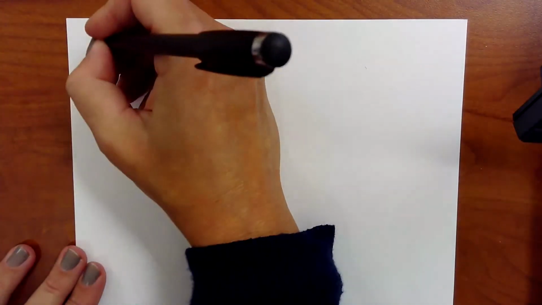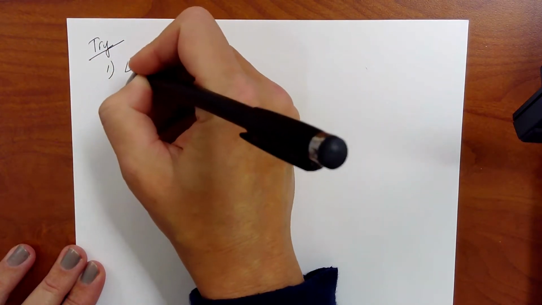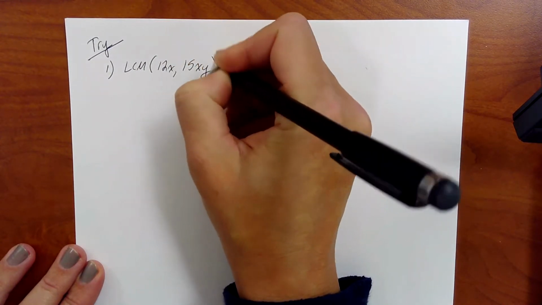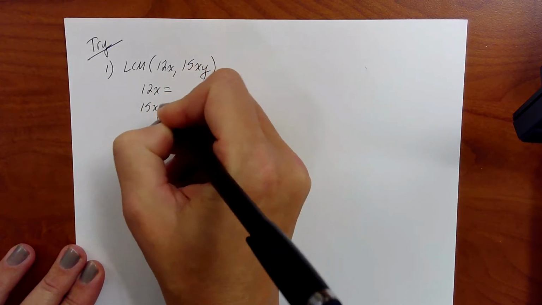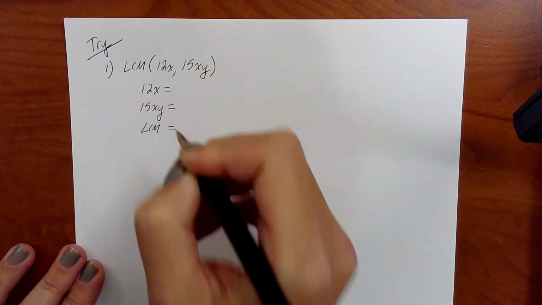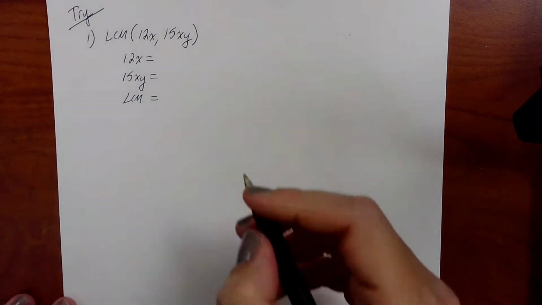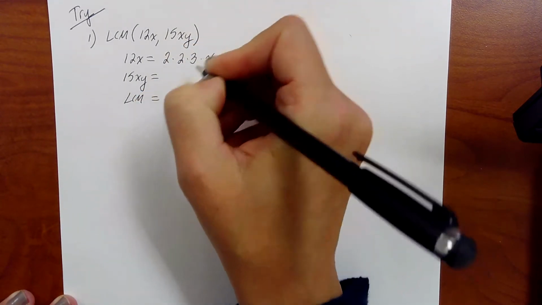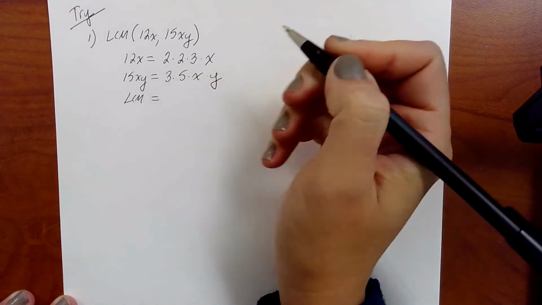Okay? All right, let's try a few. Let's try the LCM of 12x and 15xy. All right, pause. All right, 12 is 2, 2, 3, and it has an x. 15 is 3 times 5, x, y.